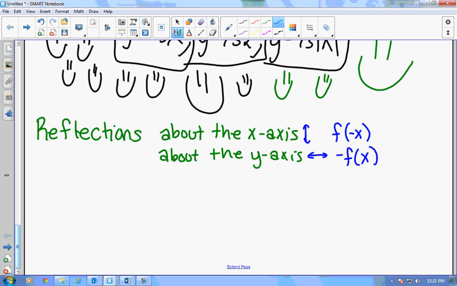Okay? So my new function, I'm going to use these letters in the example, so I'll label that H and this one G. If you reflect about the x-axis, the entire function sign changes. If you reflect around the y-axis, the x becomes negative. That's the new stuff for today. So for example 5, we're going to use those.